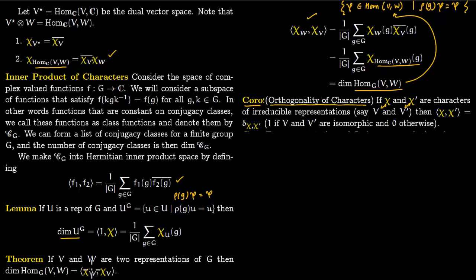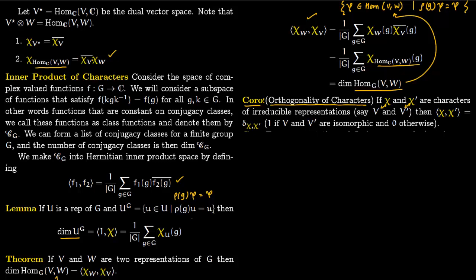This just follows from the theorem here and Schur's lemma, because if V and V prime are isomorphic, then, writing V prime instead of W, we know from Schur's lemma that this dimension, if V and W are isomorphic, will be 1.